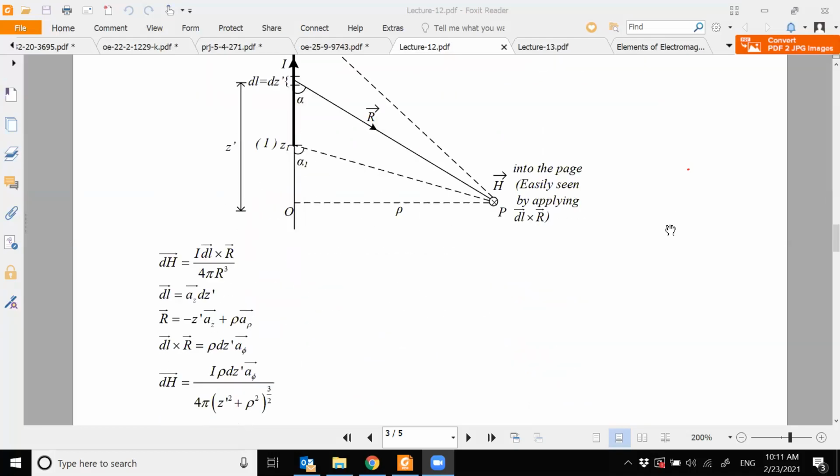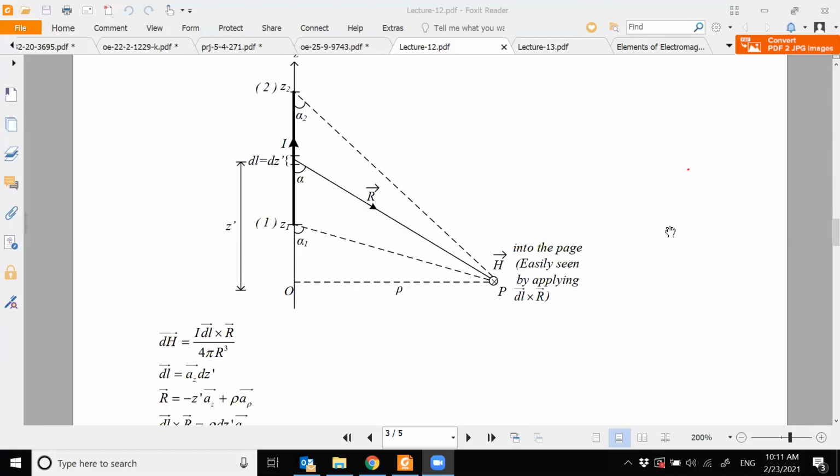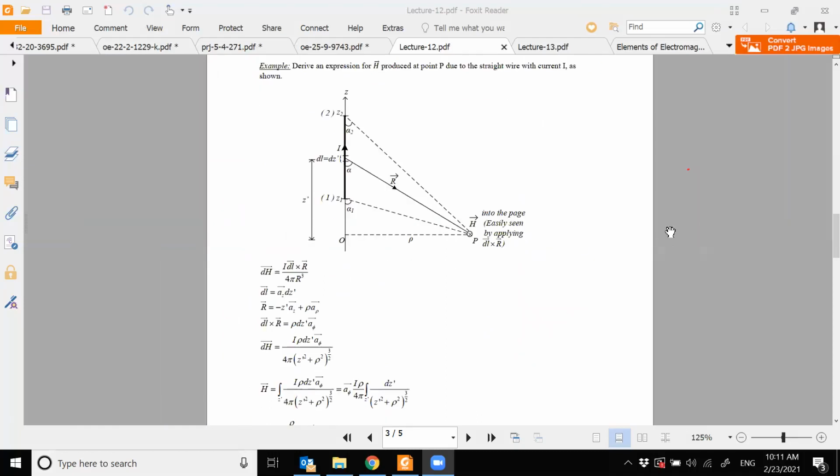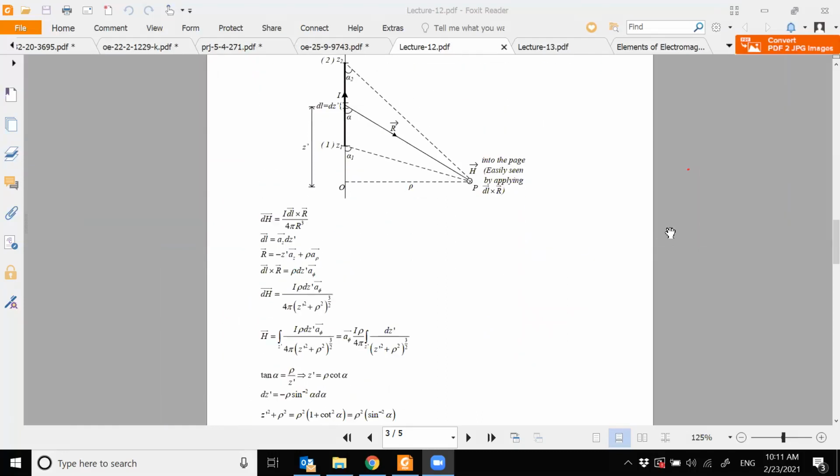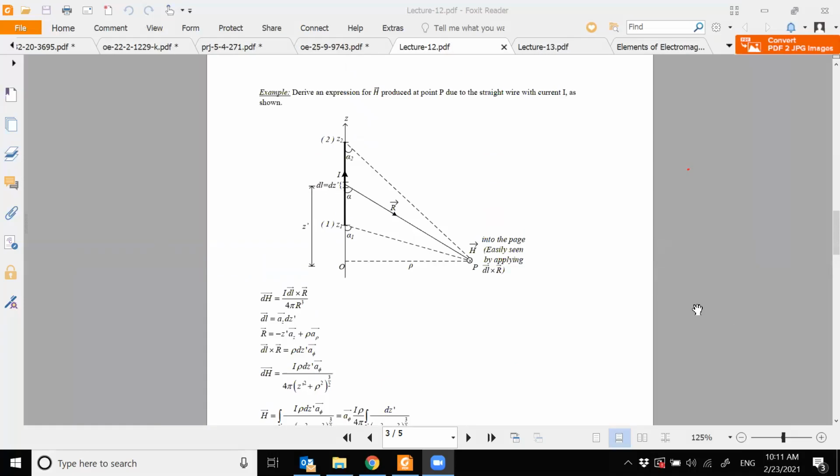Okay, so let me make it smaller so that I can see everything. Yes. Okay. So what is the problem statement? The problem statement is we need to find H bar at this observation point P due to the straight wire with current I as shown.